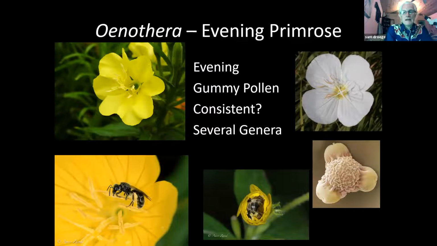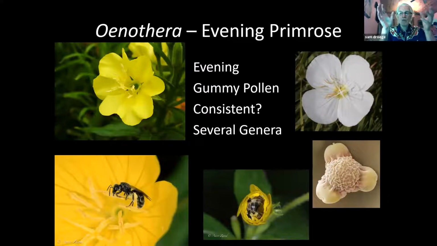Here's just another example. Evening primroses, why do they bloom in the evening? Because there's a whole set of bees that only come out in the evening when evening primroses bloom, and they specialize on evening primroses. And evening primroses, to pile on here, have their pollen, okay? It's weird three-cornered pollen, pretty easy to ID if you're looking on the microscope, not that anyone does. But they're all connected by what are called viscin threads, which are really sticky, nasty things.